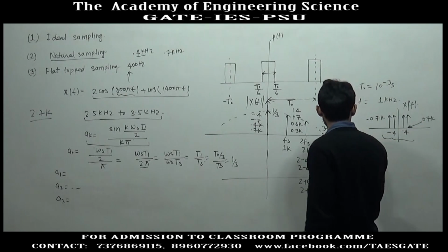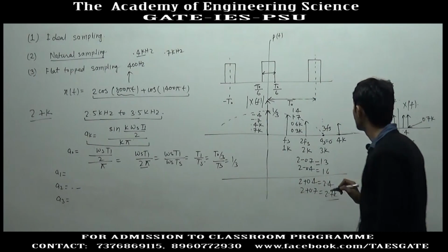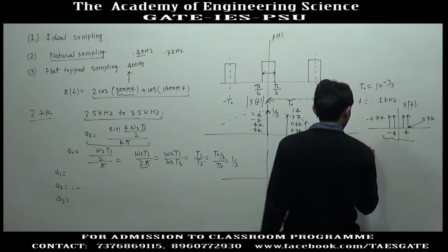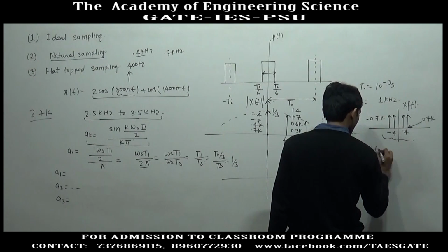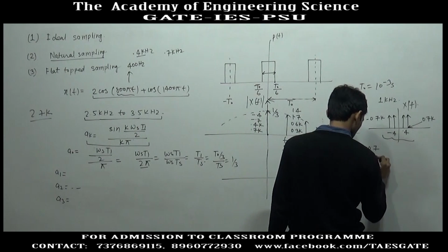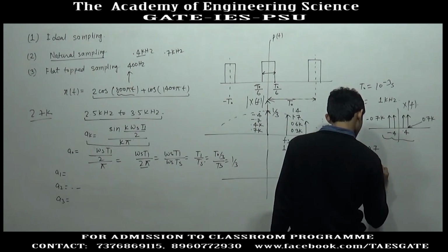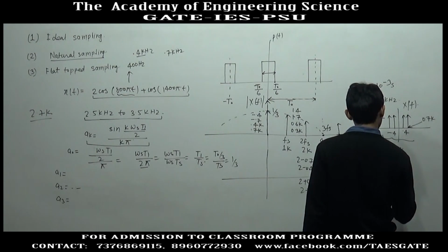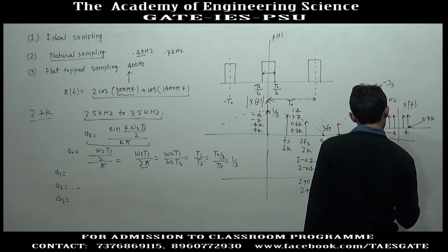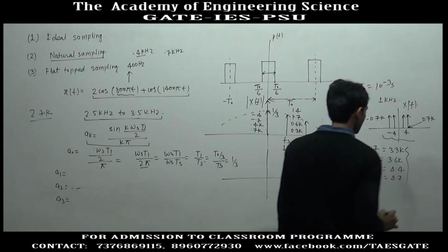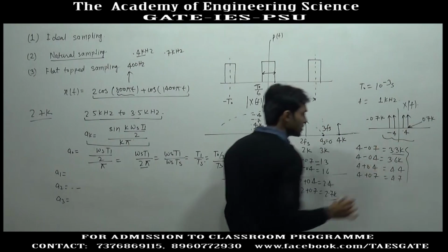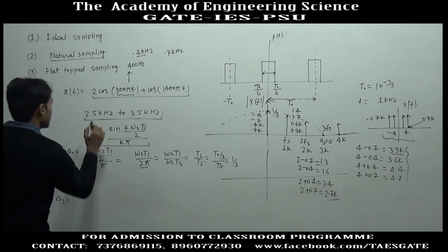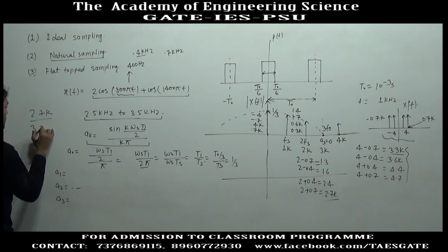At 4 kilohertz, if we take the convolution, we will get 4 minus 0.7, 4 minus 0.4, 4 plus 0.4, 4 plus 0.7. This is 3.3 kilohertz, 3.6, 4.4 and 4.7. Out of these values, 3.3 kilohertz lies in this range, so we will note it down separately.